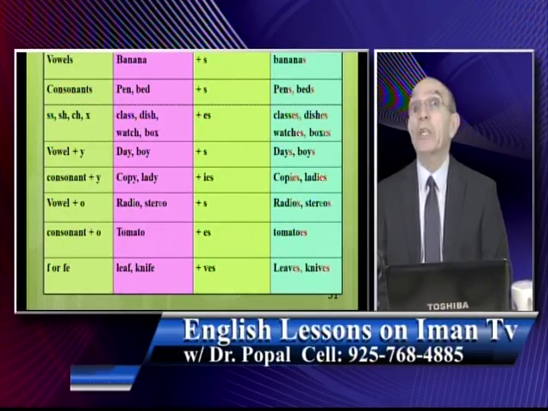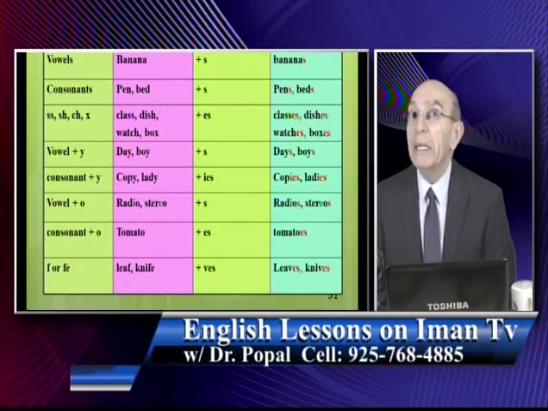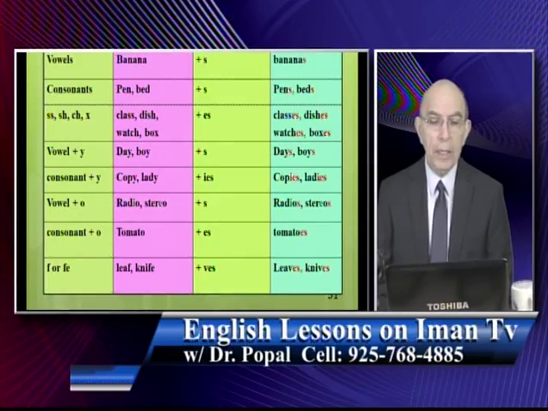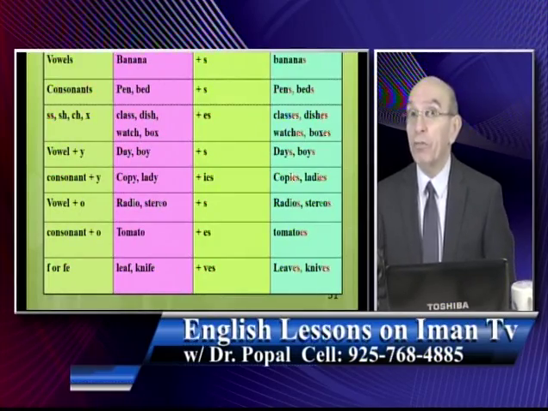One other rule that I told you in relation to nouns is how to make nouns plural. So that's another qaida or rule. It depends on the ending of the noun.